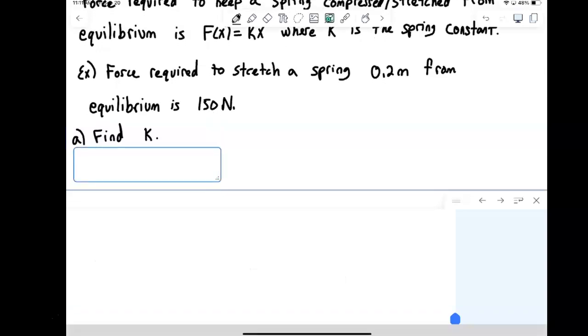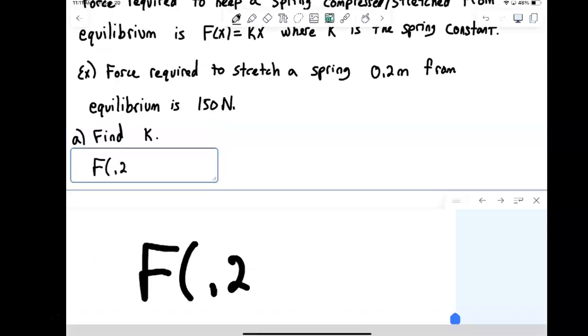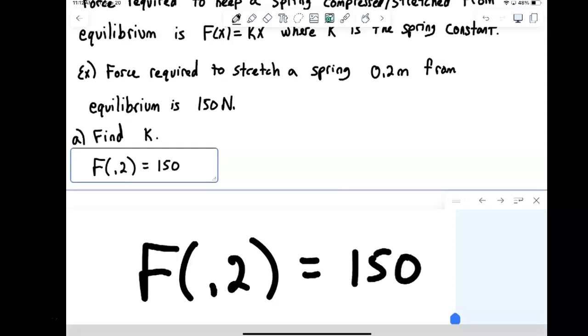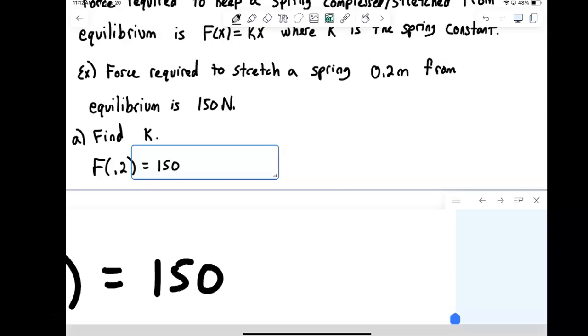So we know that the force required to stretch it 0.2 meters is 150 newtons. That would be equal to Kx, but x here is 0.2. So that would be equal to 0.2K.